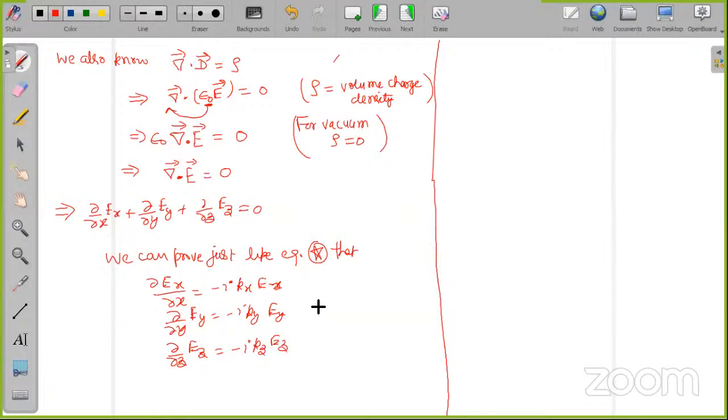I hope you will allow me to take this as standard. Is it okay? Will you be able to prove it? Yes, sir. Put these values here. Put these values above.